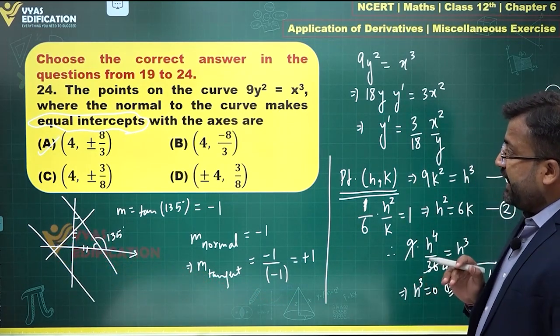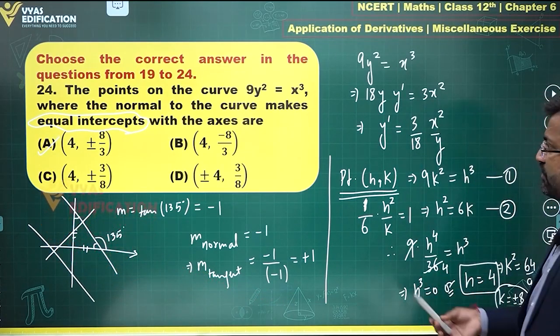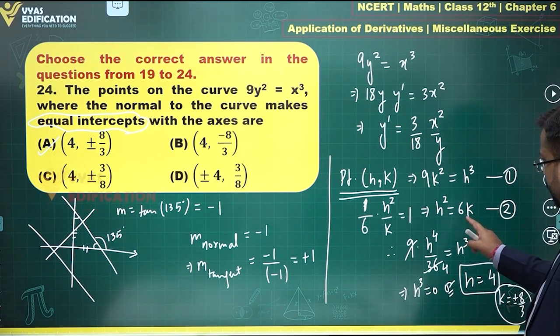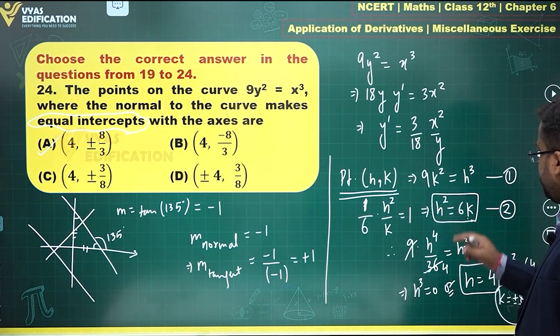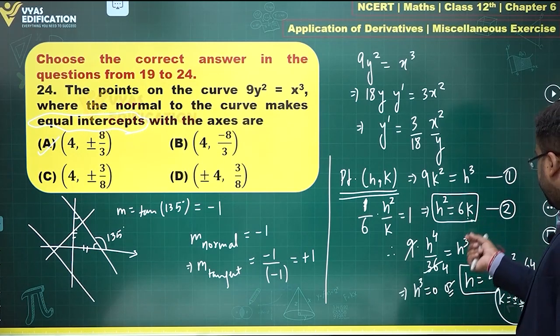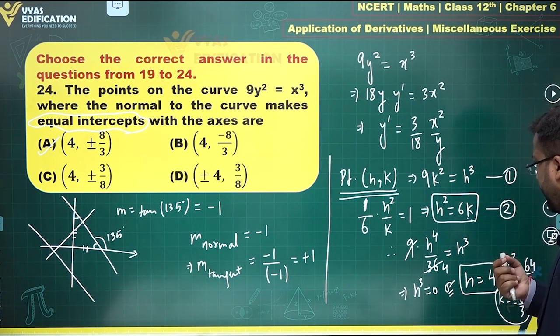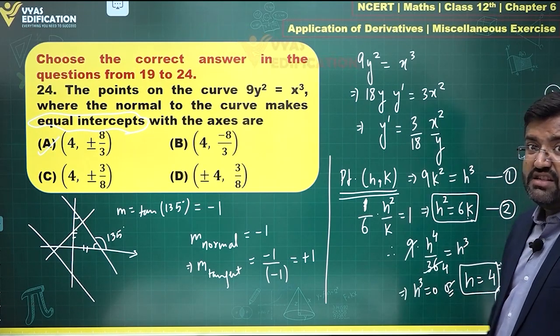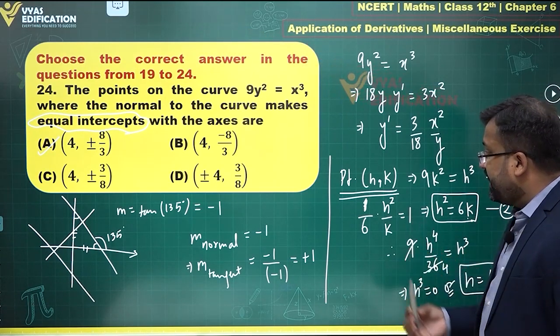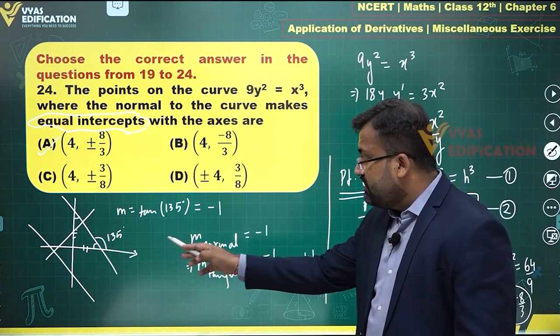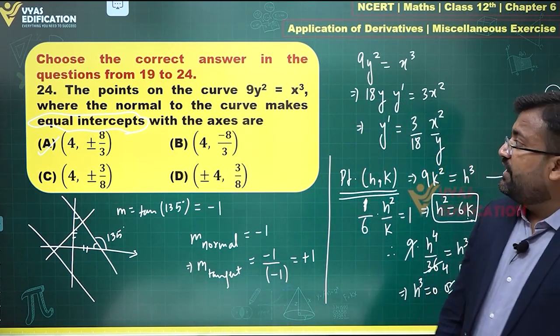So I hope they have not taken that. By the way, we are getting k equal to ±8/3, which is not okay for this statement. This is 16/6, which is 8/3. So the actual value of k that you require is 8/3, not minus 8/3. For minus 8/3, you will get this equal to minus 1. Therefore, this will be plus 1. Yes, they have made a mistake over there.